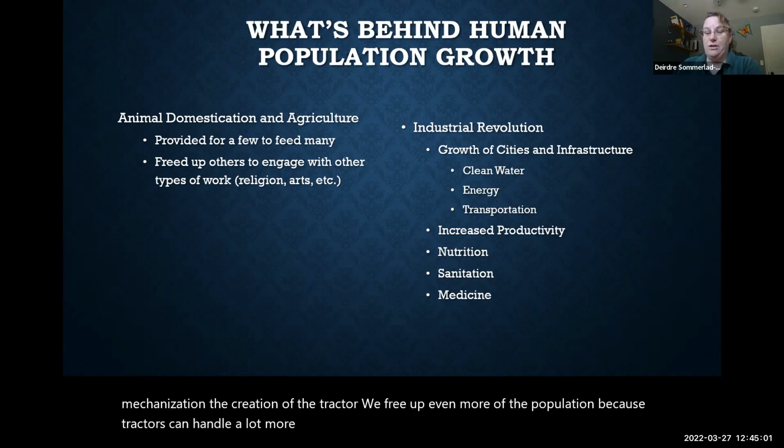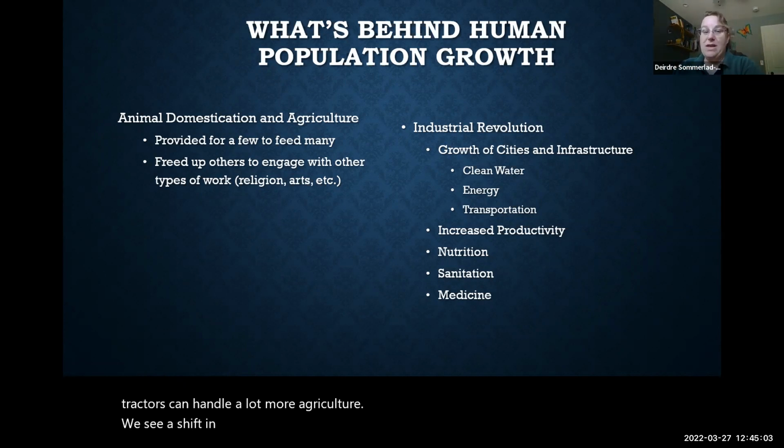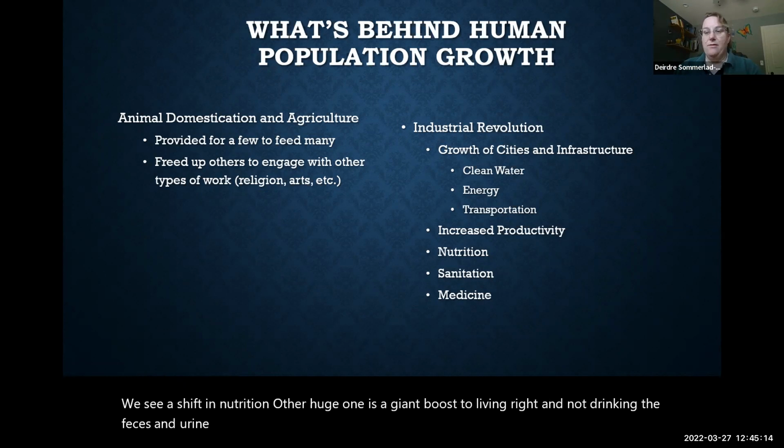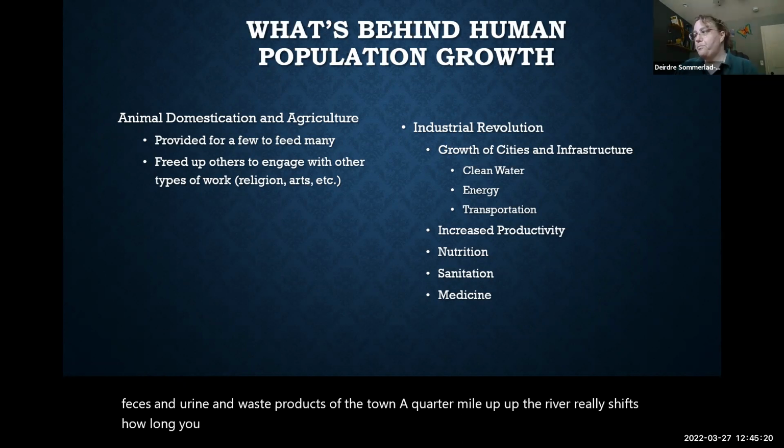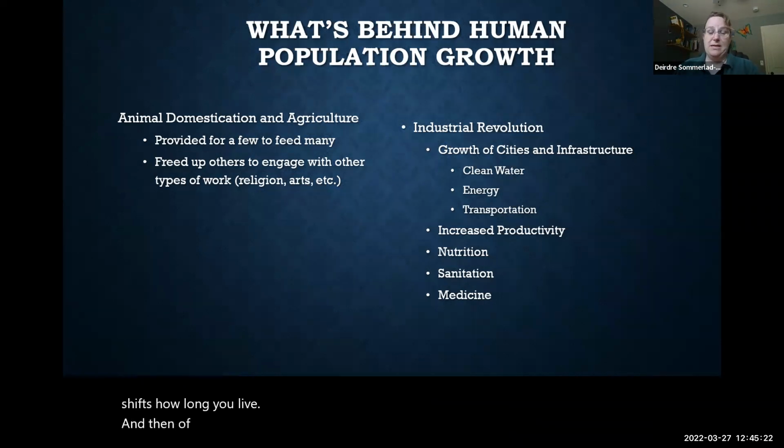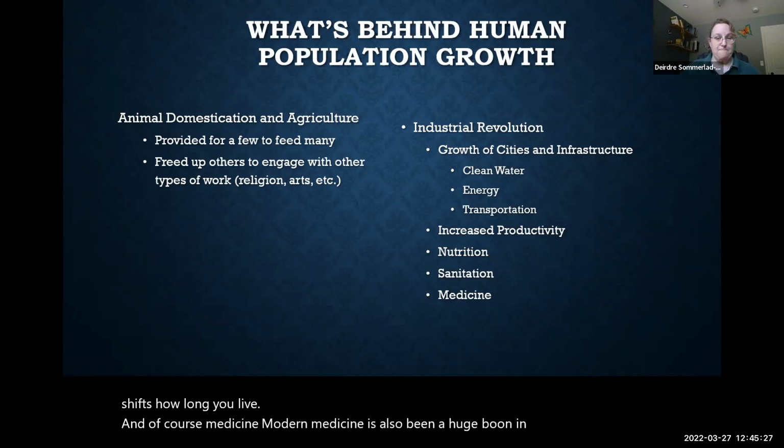We see a shift in nutrition. Other huge one, sanitation. Sanitation is a giant boost to living, right? Not drinking the feces and urine and waste products of the town a quarter mile up the river really shifts how long you live. And then, of course, medicine. Modern medicine has also been a huge boon in our population growth.